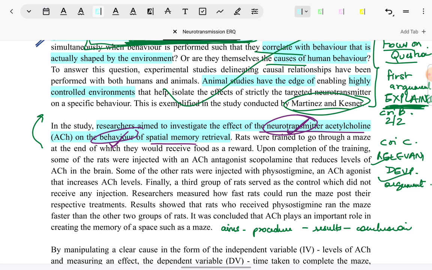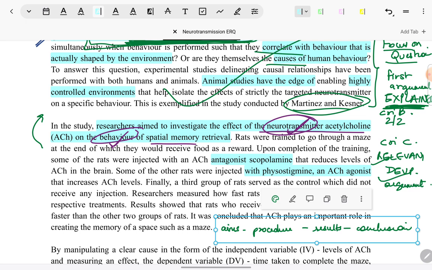So I have covered only as much of the procedure as is required in the discussion. So you can see I have mentioned the manipulation, that is definitely important. I have mentioned that one group gets scopolamine, which is an antagonist of acetylcholine. I have also mentioned that another group gets physostigmine, which is an agonist of acetylcholine.